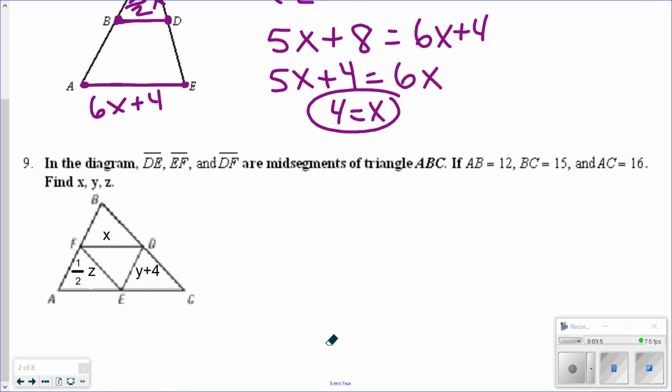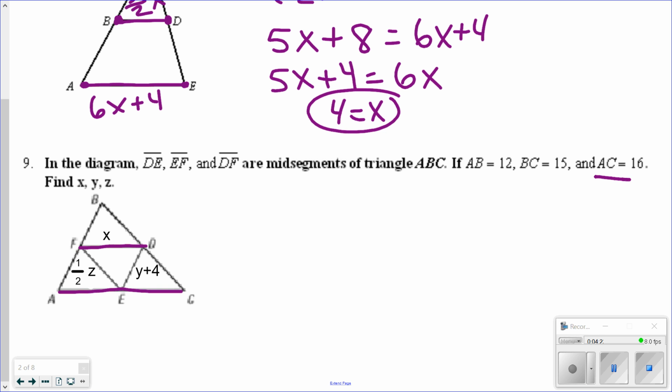In the diagram, DE, FE, and DF are midsegments of the triangle ABC. If AB is equal to 12, BC is equal to 15, and AC is equal to 16, let's solve for x, y, and z. Let's first start with x. I'm going to highlight x. FD is my midsegment, and AC would be the third side that it's parallel to.